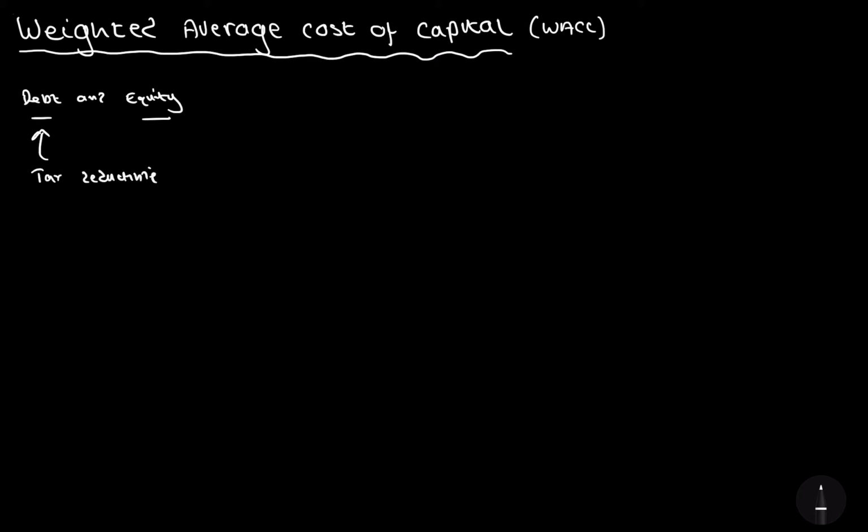Equity obviously isn't tax deductible, but debt is, and this can be shown on the income statement because we've got profit before interest and tax. The interest that we get from the debt is tax deductible, and I'll show you how this is done.